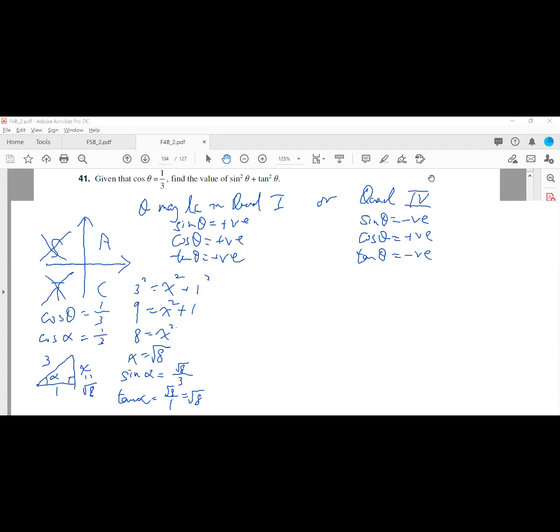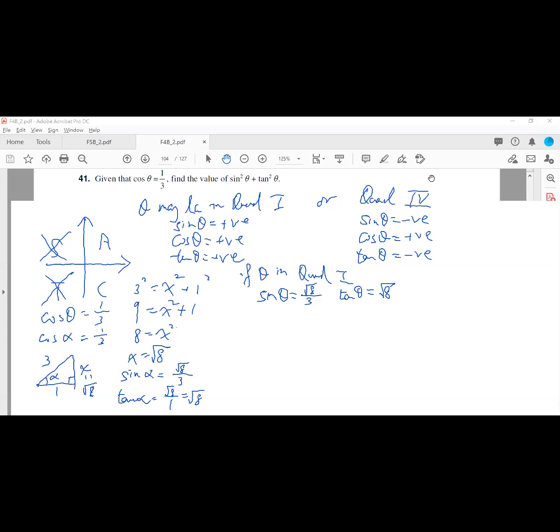And then if theta is in quad 1, then sine theta will be a positive number. Positive what? Should be square root 8/3. And tangent theta will also be a positive number, positive square root 8.